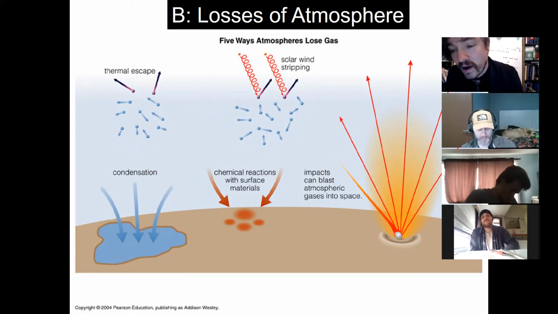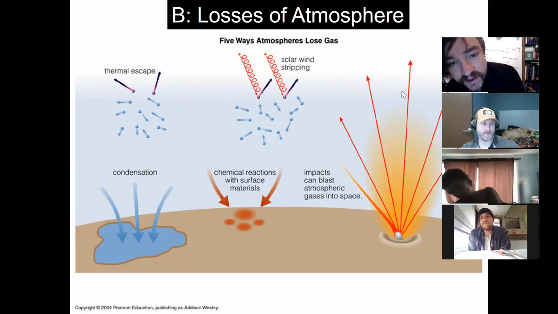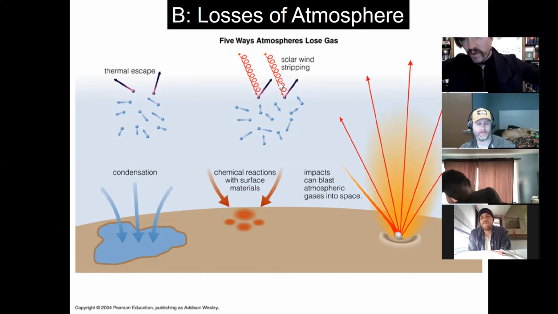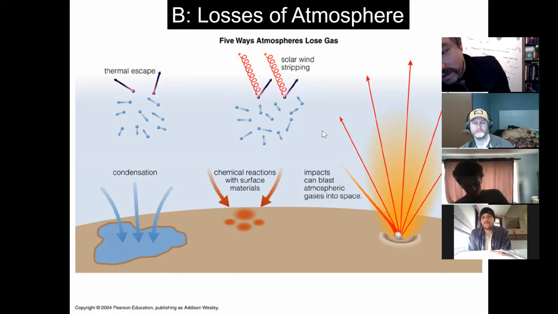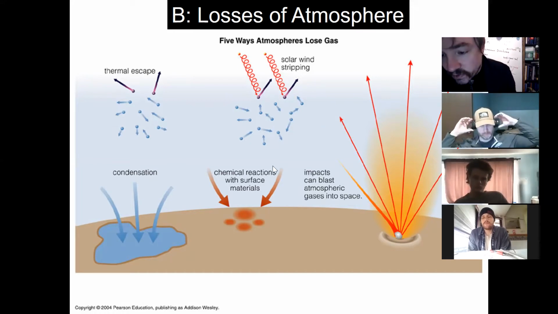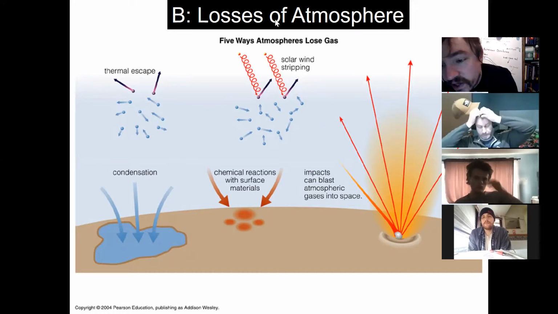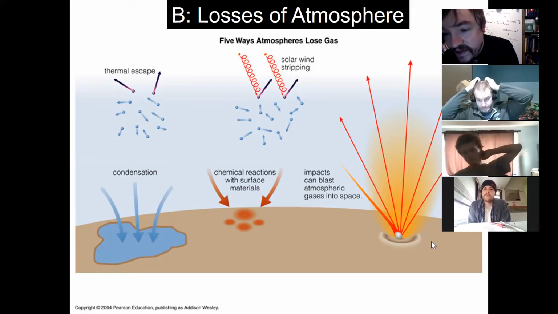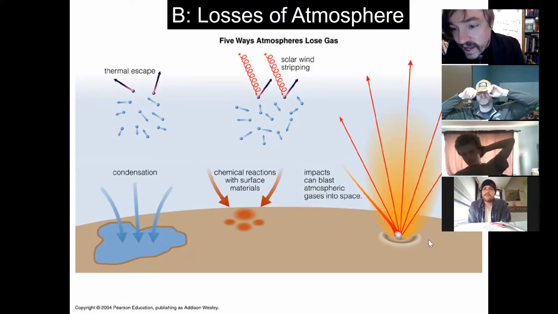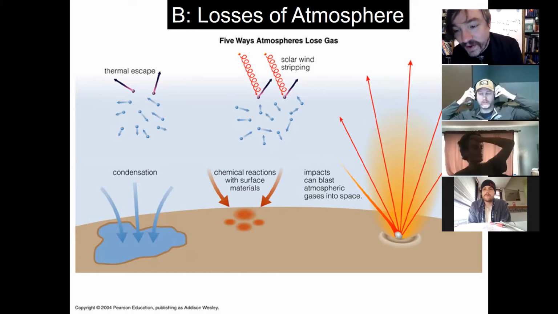The idea being that on Mars, any early H2O got sizzled apart by solar wind ions, and the hydrogens boiled away, and the oxygens basically went down to the surface and rusted the planet red. In a way, when you look at the red surface of Mars, I was looking at Mars last night in the sky. I could see this big red dot. And it's a red dot in our sky because of all the water that Mars lost, which is really funny and ironic.